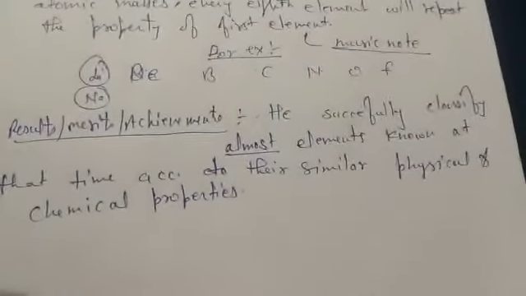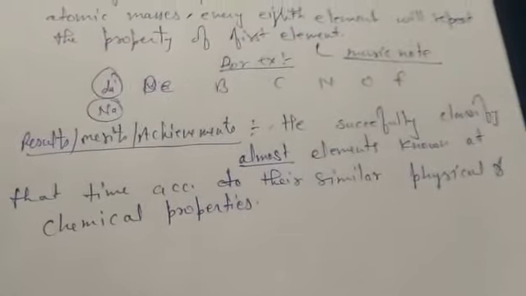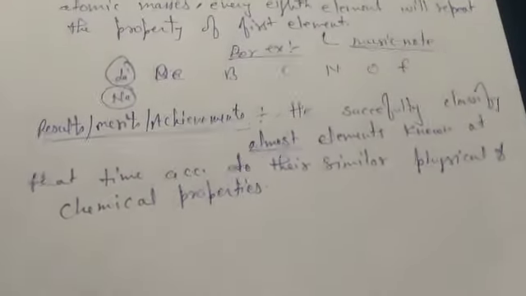I have repeatedly said that you will definitely use the word almost in case of the merits. So these are the results, the merits of the classification given by Newlands. At that time, the classification given by him was the most successful classification.